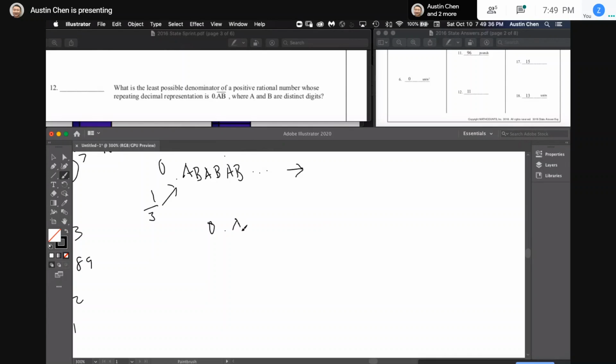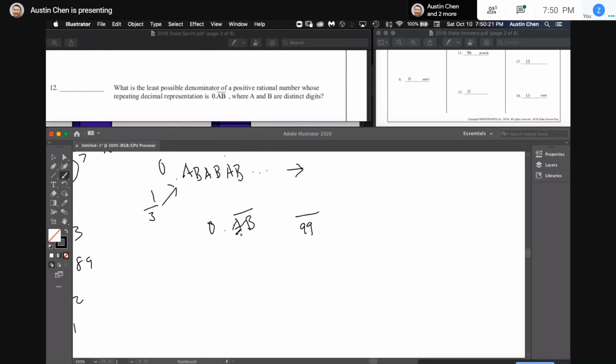So if you have a repeating decimal, my thing with the repeating decimal stuff is, you look at the number of digits under the repeating part, and you want to have a 9 for each of those in your denominator.